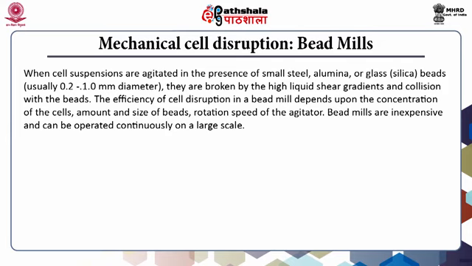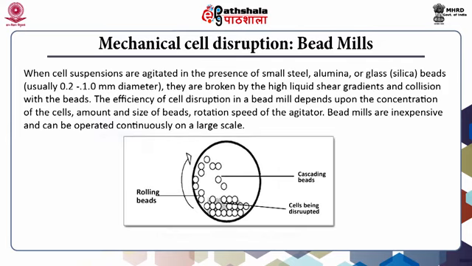On an industrial scale, high-speed bead mills accompanied with cooling jackets are used to agitate the cell suspension. The grinding chamber is filled with almost 80% beads and a shaft with impellers fixed within the chamber rotates at high speed, generating shear forces.